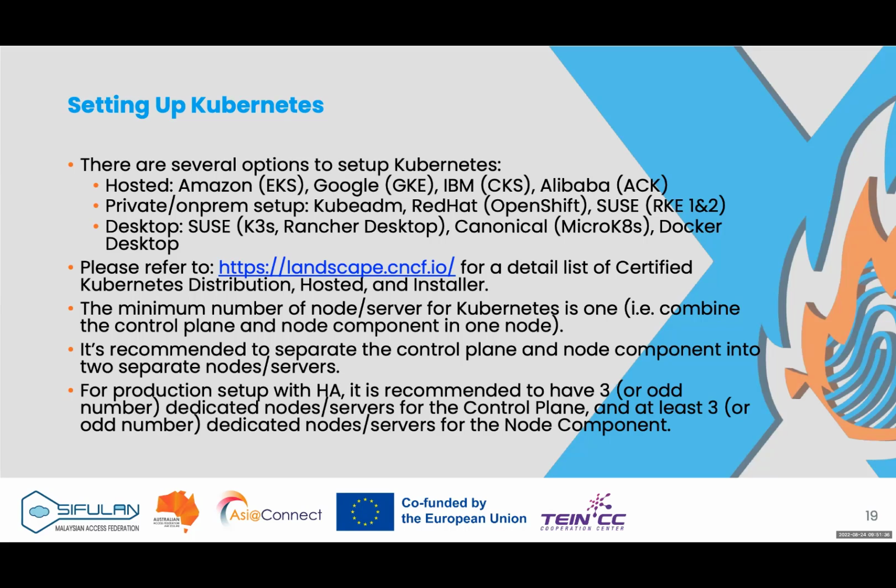My personal preference is SUSE RKE1 or RKE2. In SIFULAN, we are using RKE1, but we are in the process of migrating to RKE2. And for the hands-on session in Singapore later, we will use RKE1.